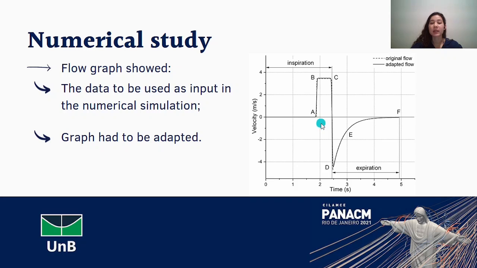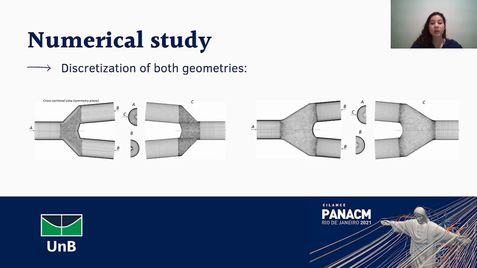Point A represents the beginning of the inspiration, C the end, and D, E, F the expiration cycle. The authors constructed the mesh on 1/2 of the connector due to its transversal symmetry. Also, you can see that the geometry is more detailed in the central part of the connector, because that is our focus place.